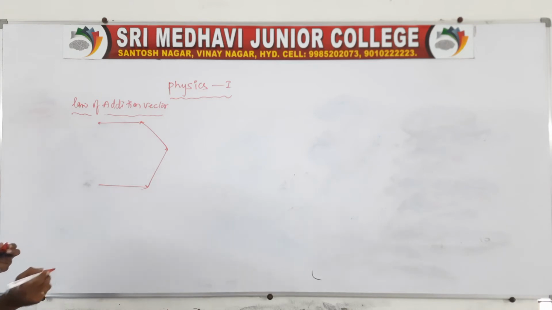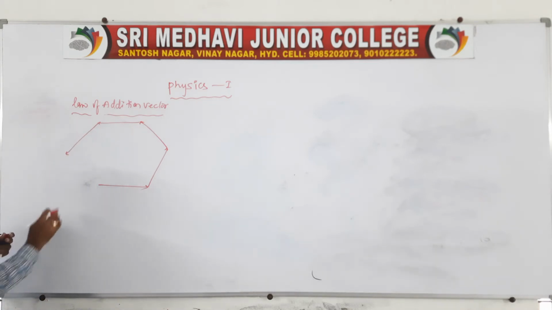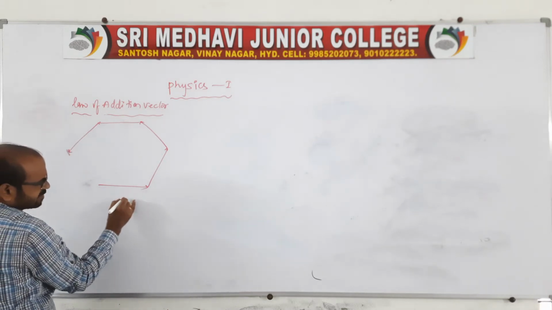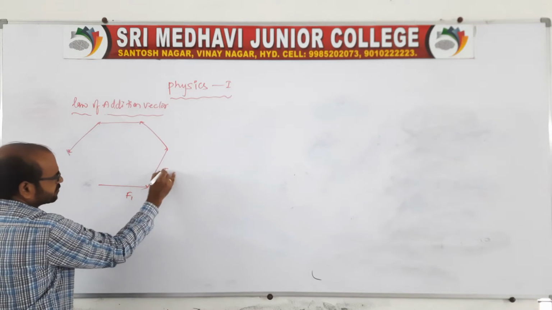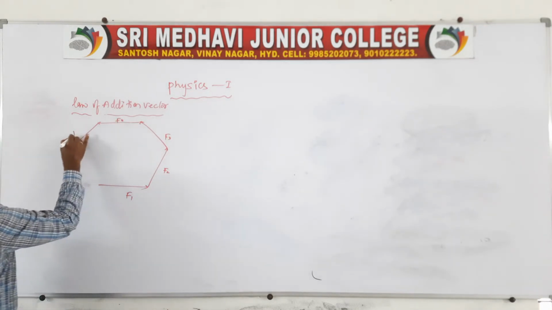It must consist of a number of vectors like this. So there is a closing side. This is the vector F1, F2, F3, F4, and F5.